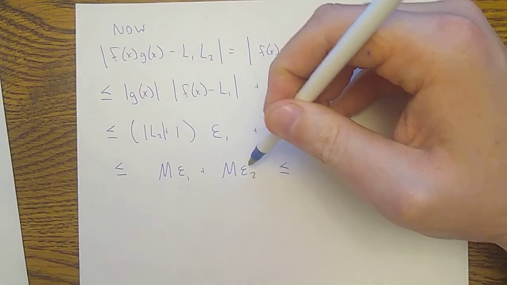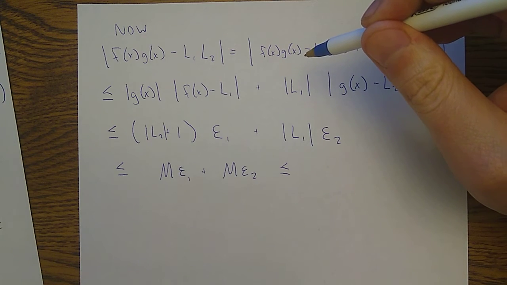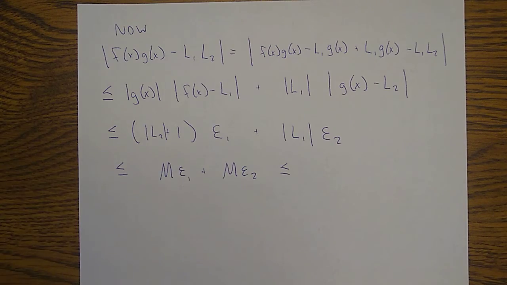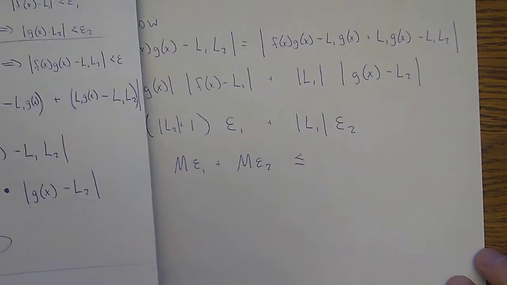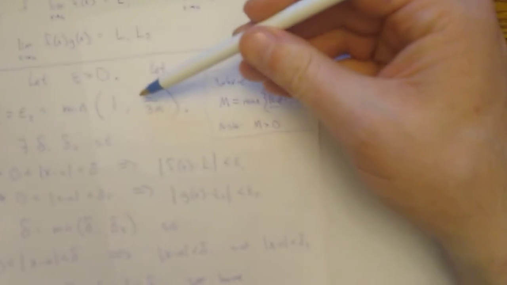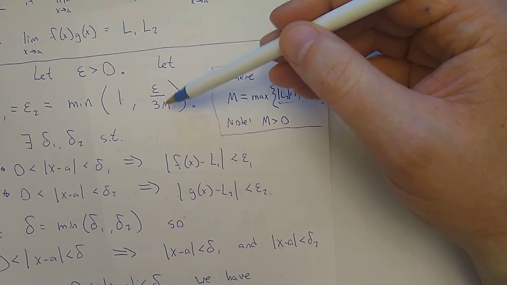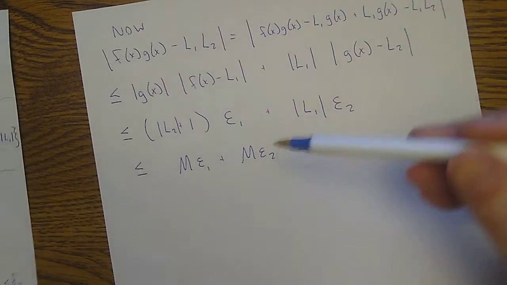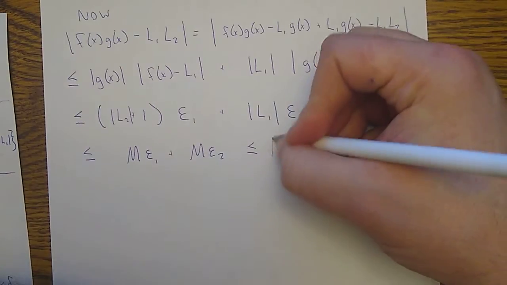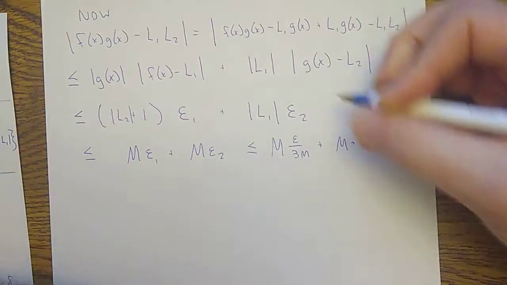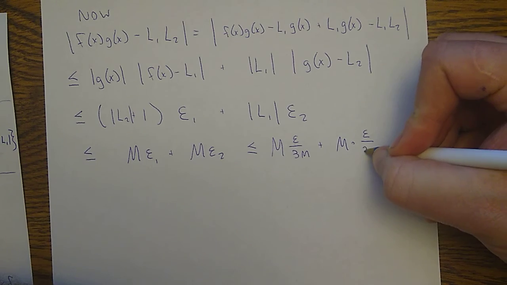And again, we chose epsilon 1 and epsilon 2 to be whatever we chose them to be. Here we go. Each one of those is at most epsilon over 3M. So I can take epsilon 1 and replace it with epsilon over 3M, and epsilon 2 and replace it with epsilon over 3M.